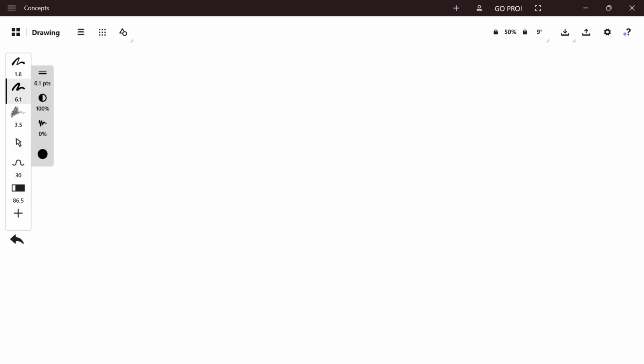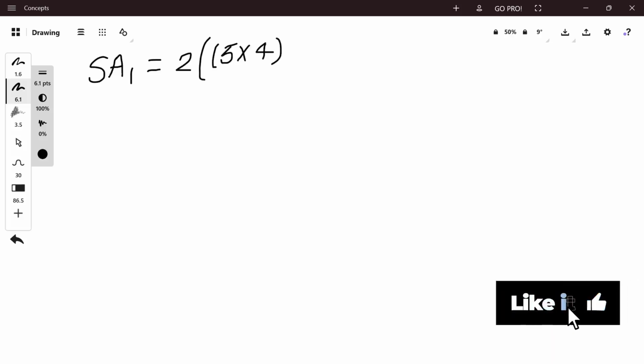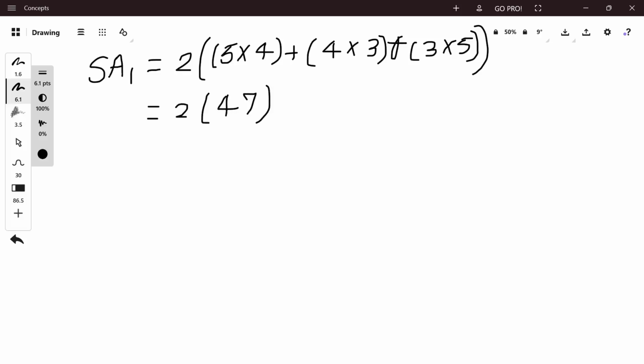So the original surface area SA1 is equal to 2 times LB plus BH plus HL, that is 2 times 5 into 4 plus 4 into 3 plus 3 into 5. That is equal to 2 into 47, which is equal to 94 centimeter square.